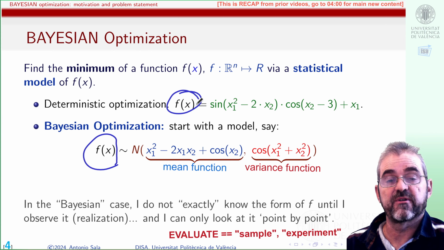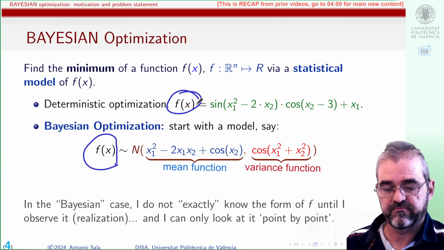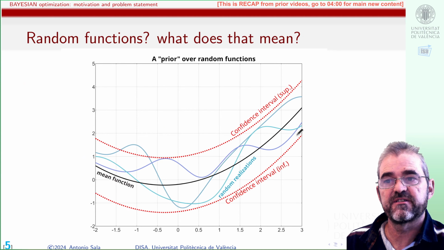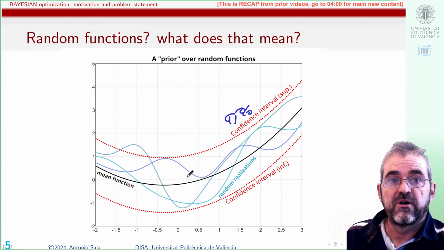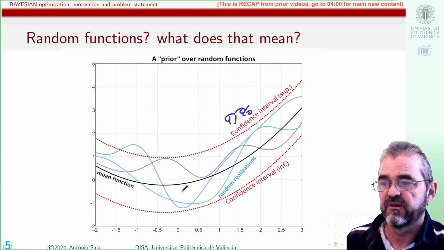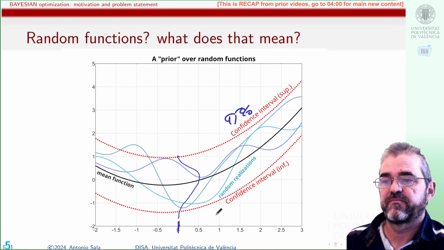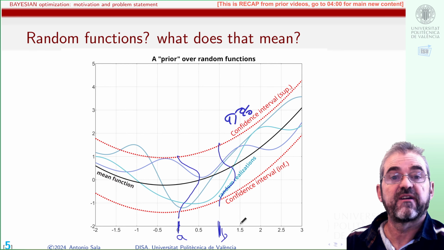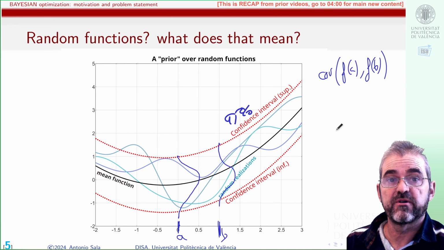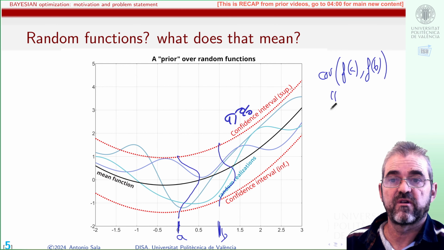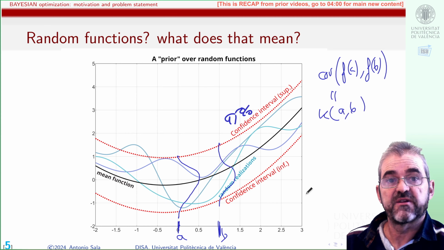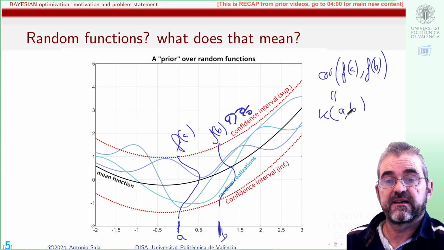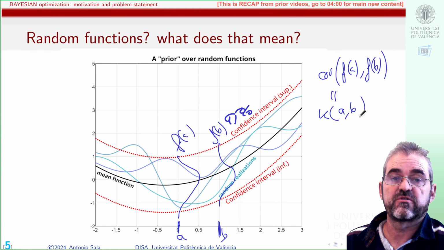But prediction formulae are based on statistics. We have a mean function, some 2 sigma confidence intervals, for instance, 95%. But for the function to be continuous, the random variable at this abscissa and the random variable at this abscissa, the covariance between the values of the function at 2 close points needed to be defined with a so-called covariance kernel, so that the statistical correlation between f of a and f of b tended to 1 as the distance between a and b tended to 0.